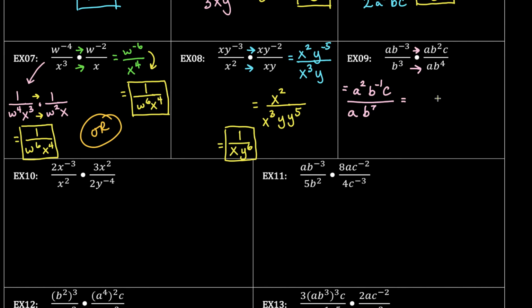So I'm going to move these. So this will be a squared c over a b to the seventh, and then those negatives came down, so b to the first, which gives me a squared c over a b to the 8th.